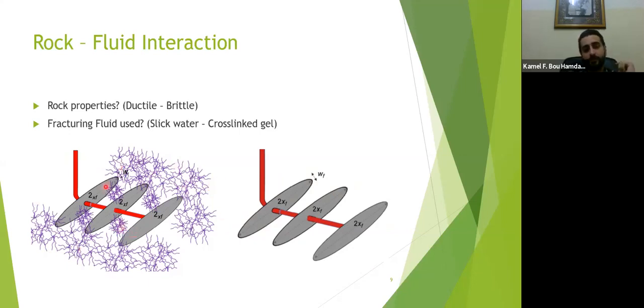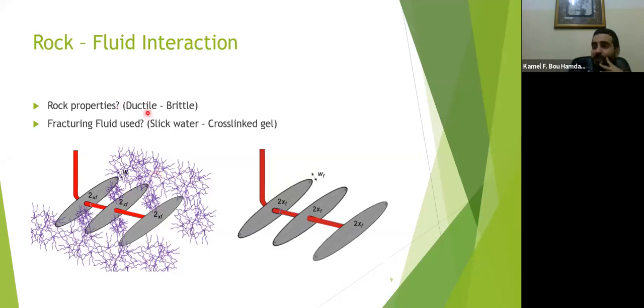For this, we should look at the properties of the rock. If we have a rock which is brittle, meaning this rock doesn't really undergo plastic deformation, it might withstand a little bit of elastic stress, and after that, it's going to break down or fracture. So if our rock is brittle, you're most probably going to get something like that: complicated fractures extending in different directions.